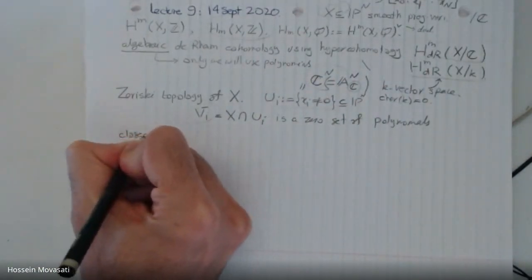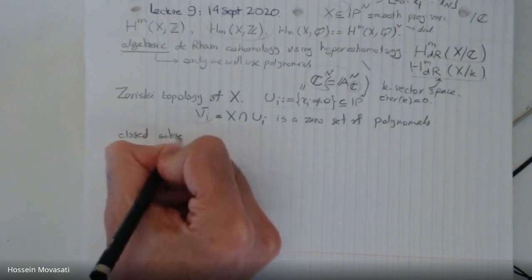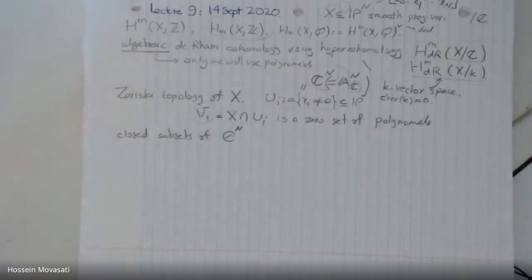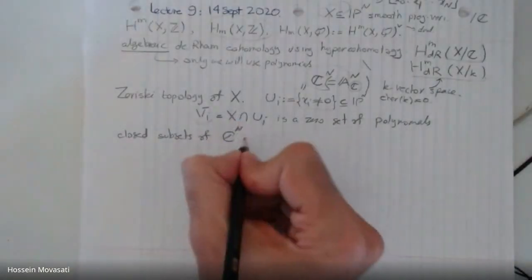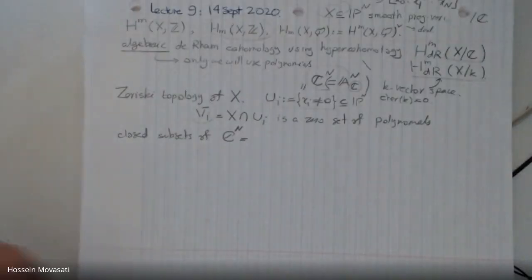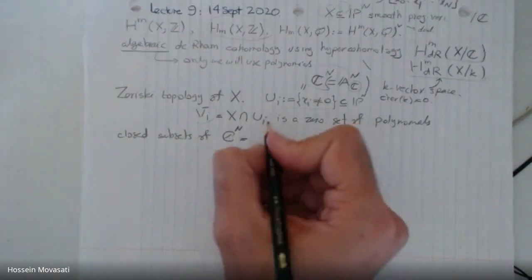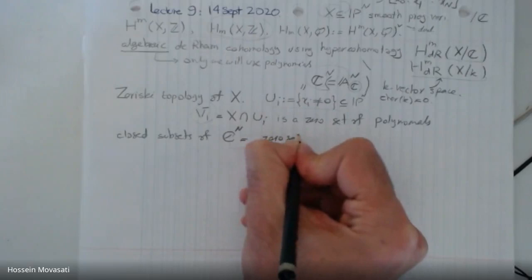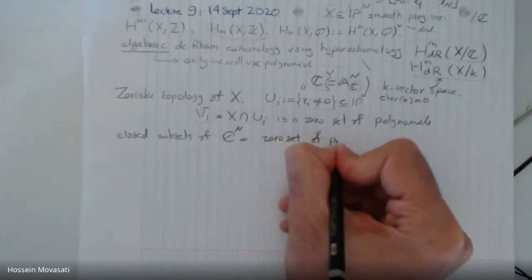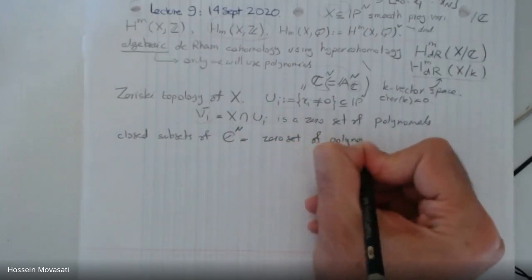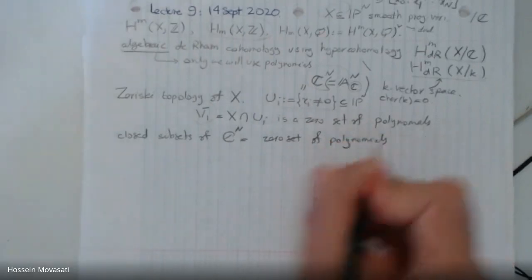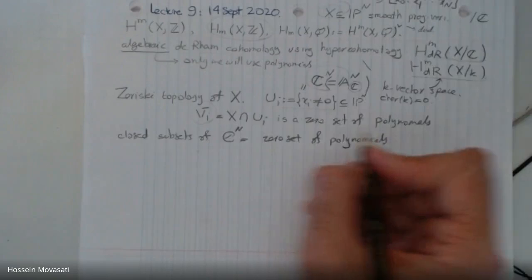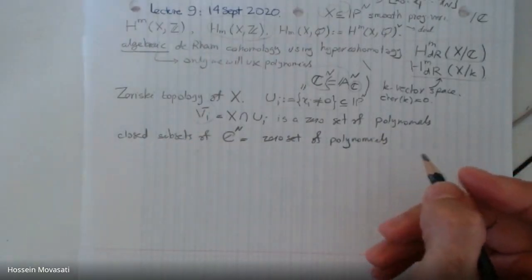Closed subsets of C^n will be just zero sets of polynomials. I'm just making an overview of the Zariski topology very fast.